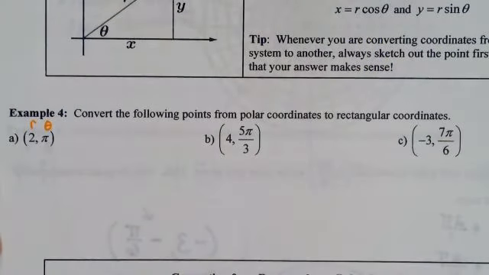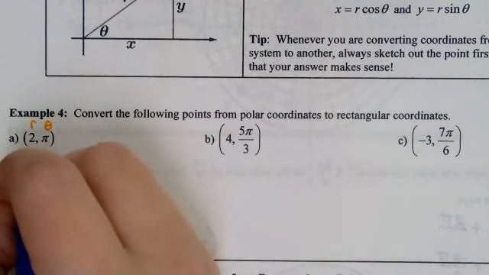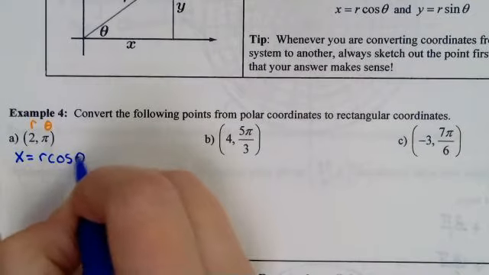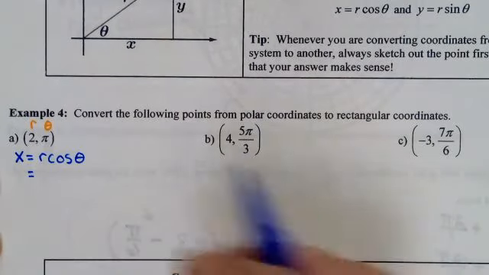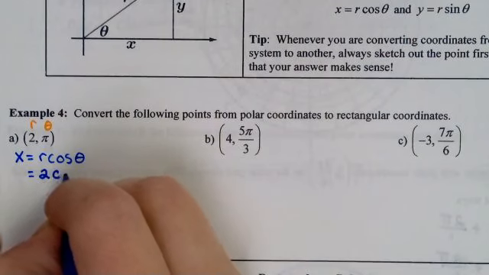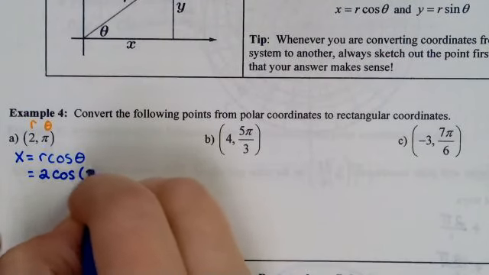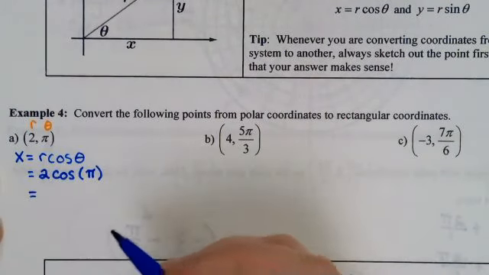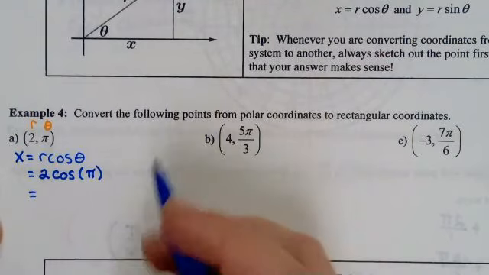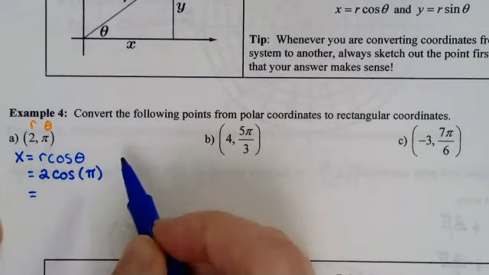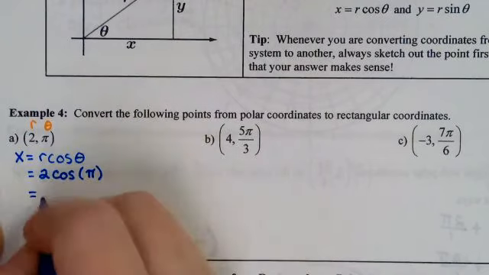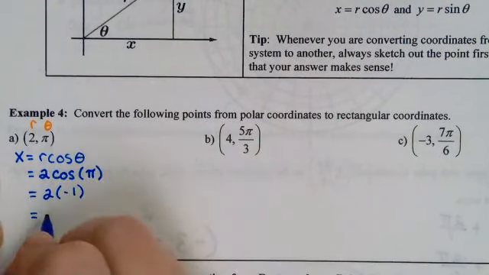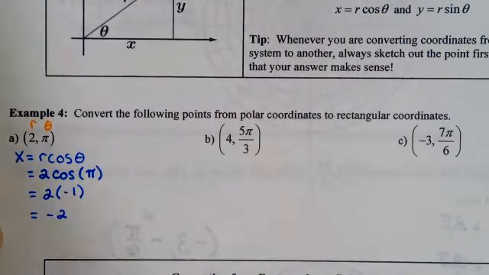We know that x equals r cosine theta, so I'm going to say x equals my r cosine theta and plug those values in. r happens to be 2 cosine of pi. Now, cosine of pi I can get from my unit circle. You imagine going out to pi, and cosine of pi is going to be -1. So this is 2 times -1, and 2 times -1 is -2. That gives you the x coordinate.